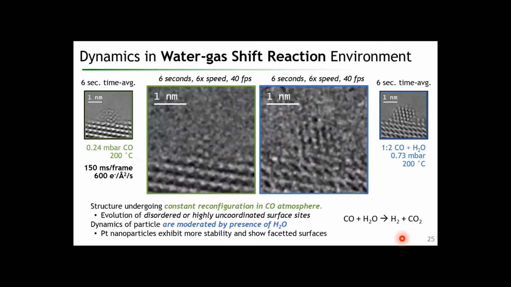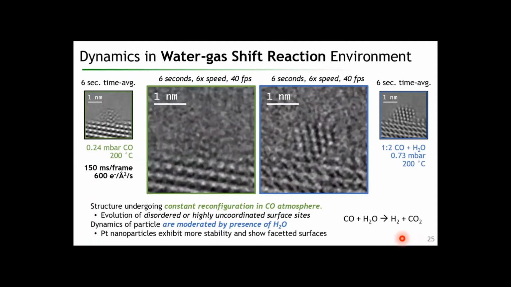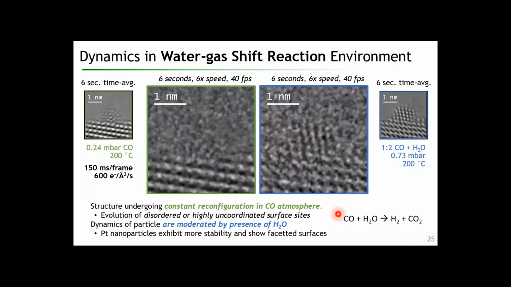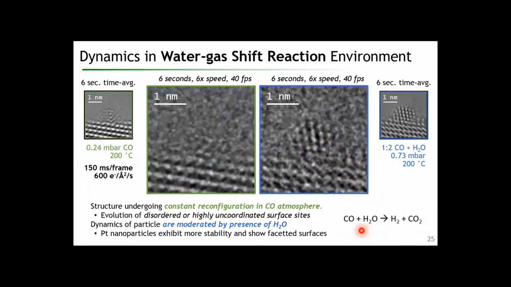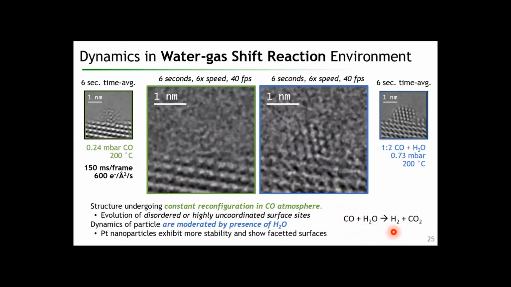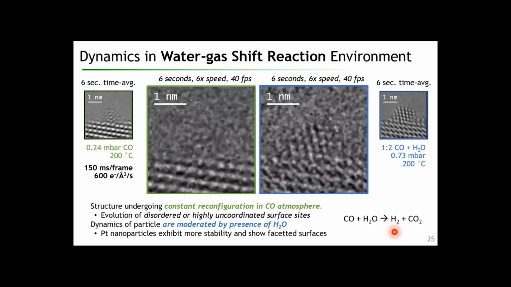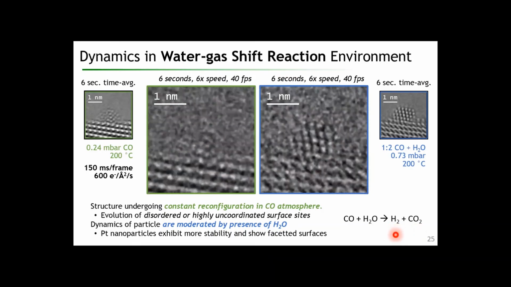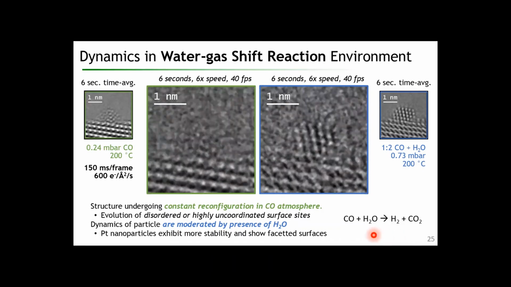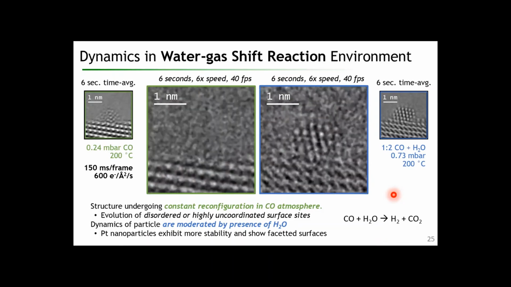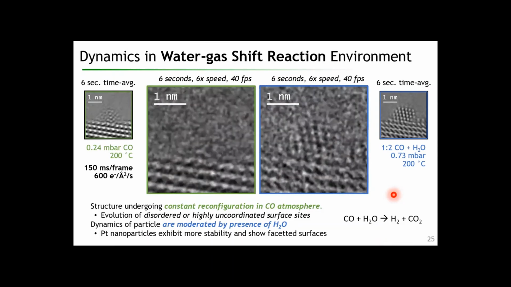We were interested in looking at these platinum on ceria catalysts for the water gas shift reaction, where we oxidize carbon monoxide with water to form carbon dioxide as well as hydrogen. This is an important avenue for producing hydrogen industrially. There are a lot of outstanding questions about what's going on at the atomic level and how the interface plays a role in this oxidation mechanism.